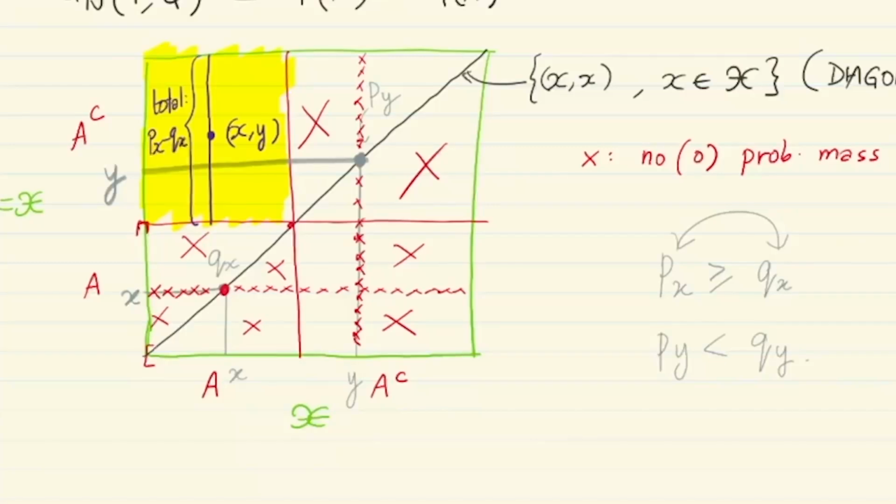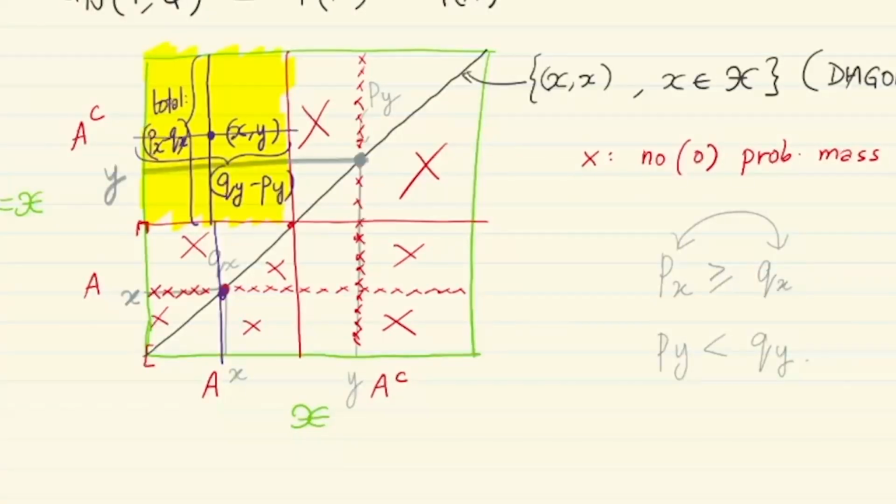So you had a total of px to put on the vertical, out of which you put qx on the diagonal, and so apart from the diagonal there is a remainder of px minus qx that you have to put. And similarly along this horizontal part, the total mass must be qy minus py.